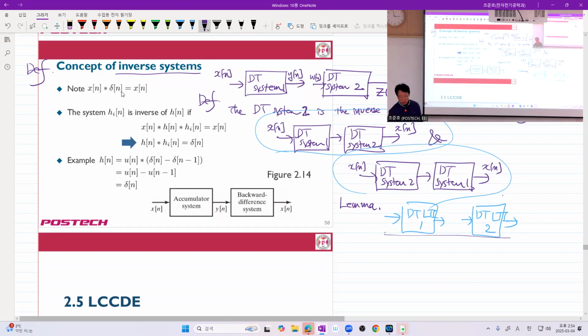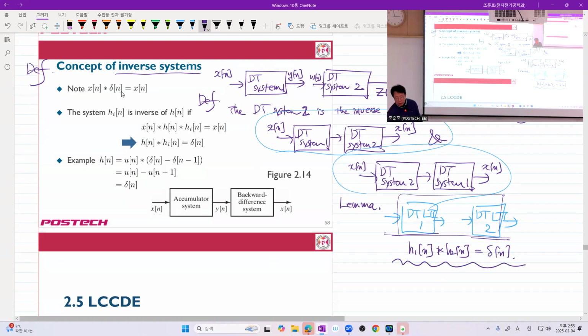What does that mean? A DT LTI system interconnected is a DT LTI system, by the associativity of the convolution. So this has impulse response h1, and that has impulse response h2, and overall must be identity.